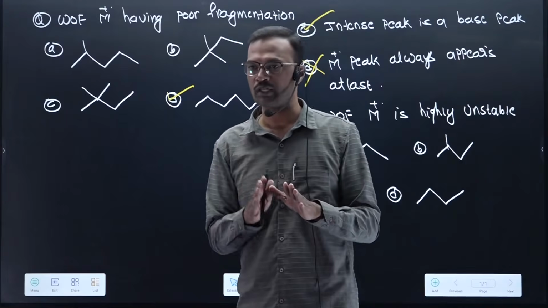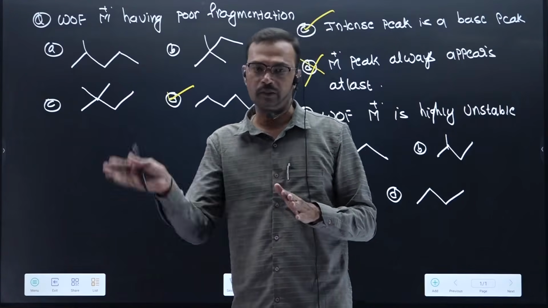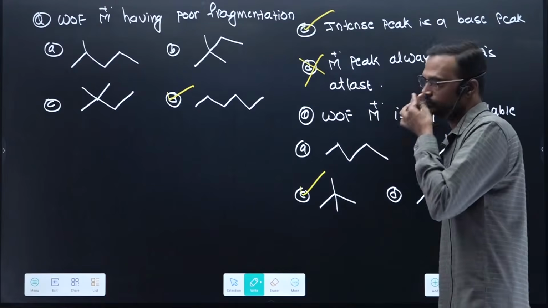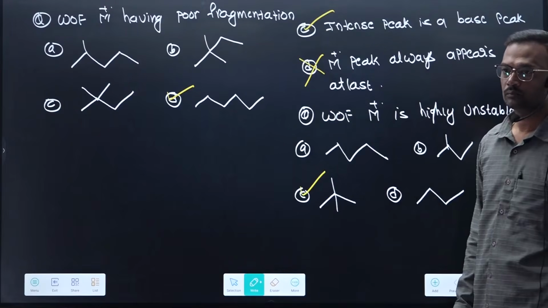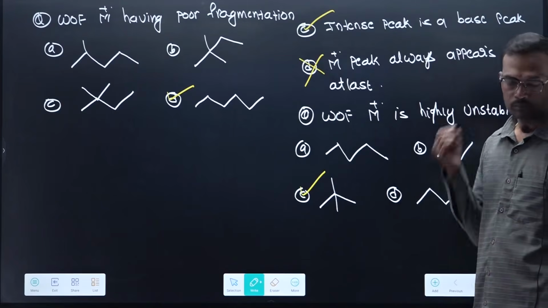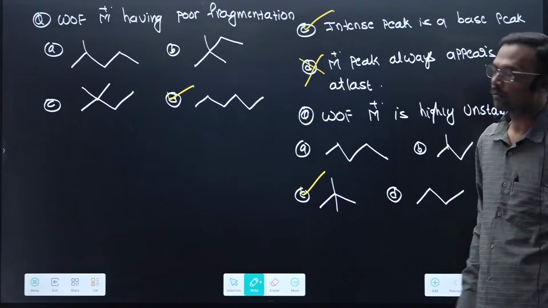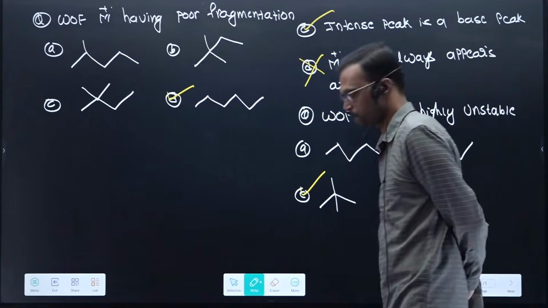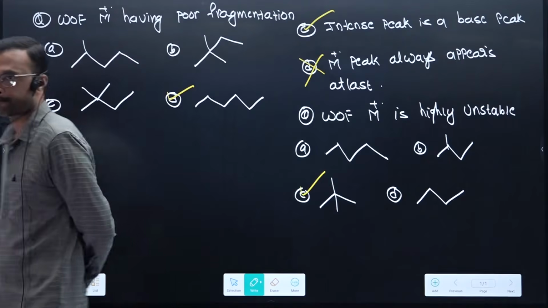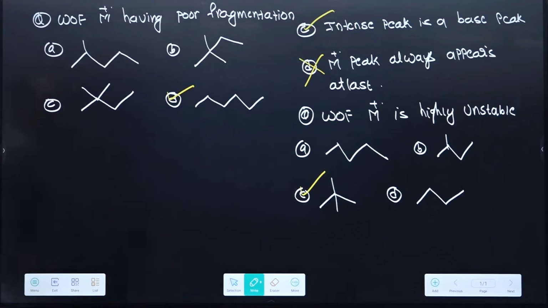Where you are doing fragmentation, whether it is giving a stable fragment or unstable fragment, etc. Clear?